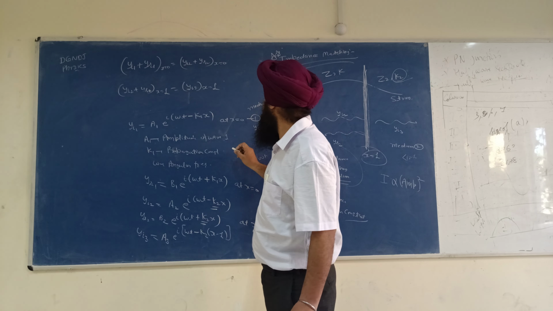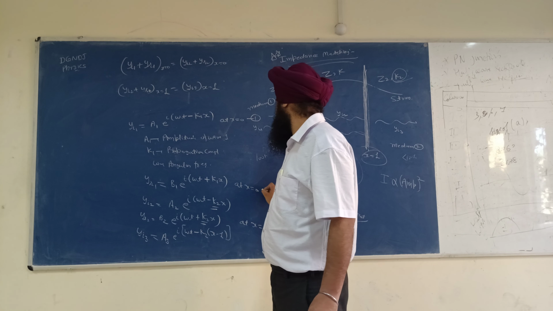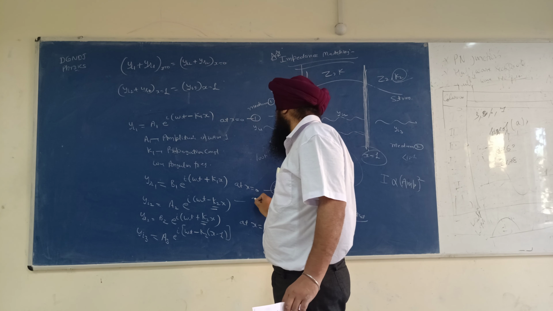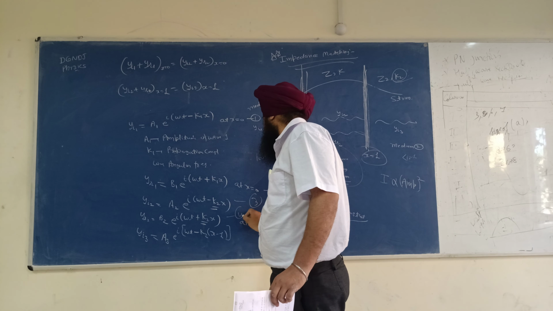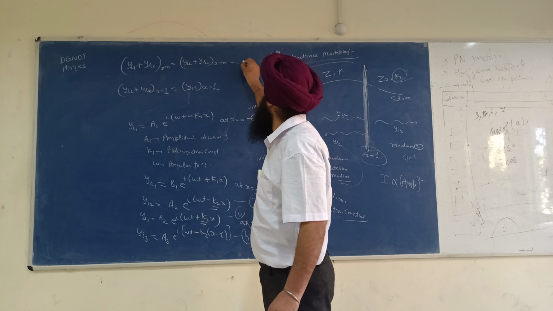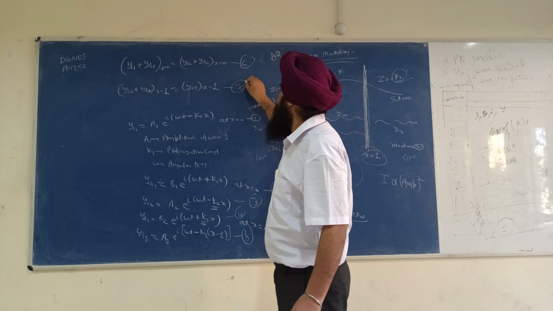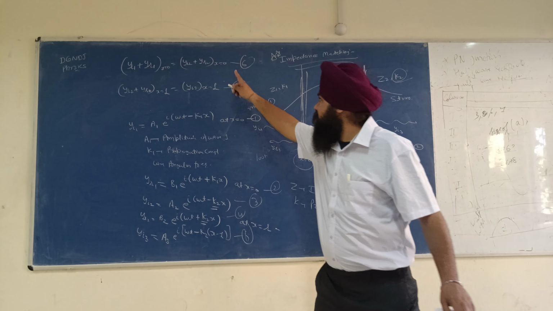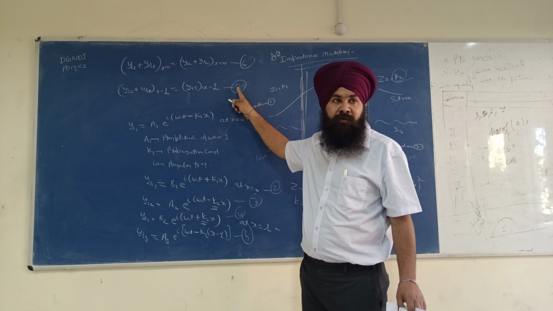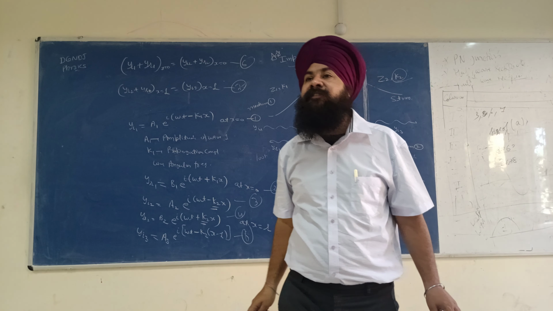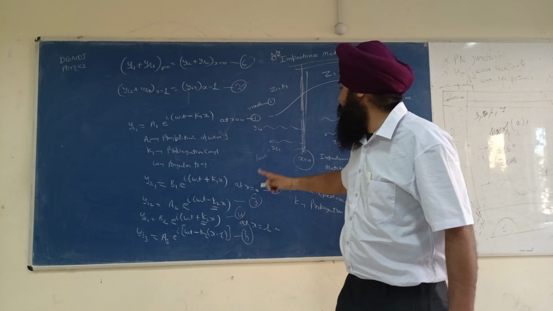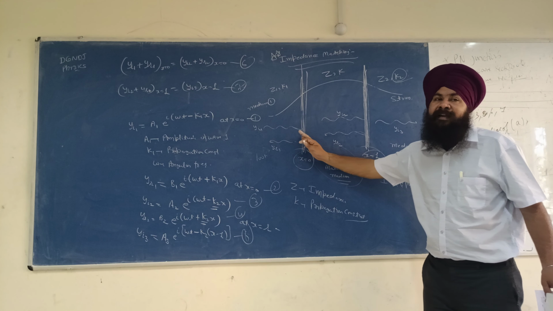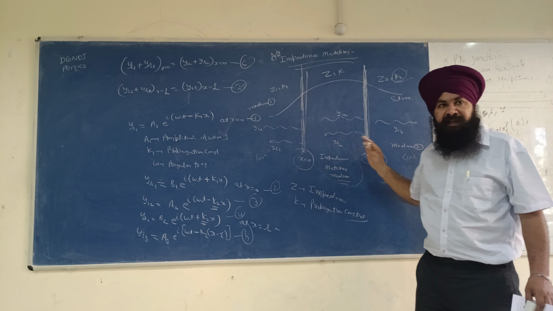Let us say this is 1, this is 2, this is 3, this is 4, this is 5, this is 6, this is 7. When 6 and 7 hold true, then and only then the intensity will be maximum, or we can say we will get maximum efficiency from medium 1 to medium 2.